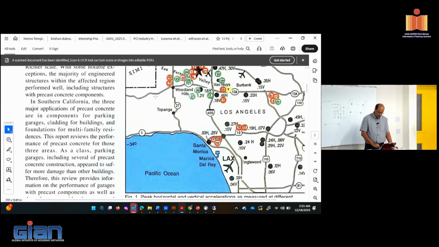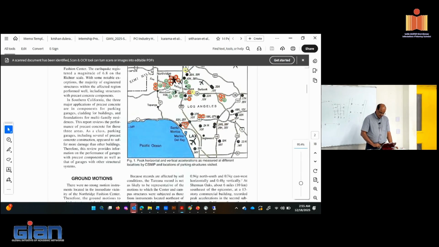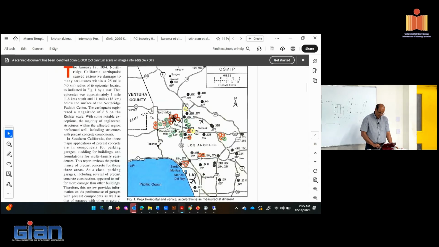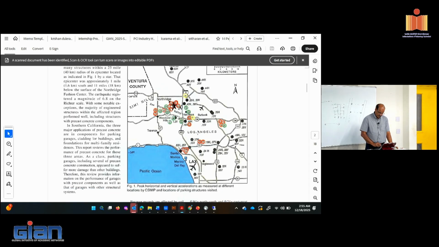So this is the Los Angeles region. All of these places recorded earthquakes. I don't know if Northridge is marked. Northridge is in Ventura County.